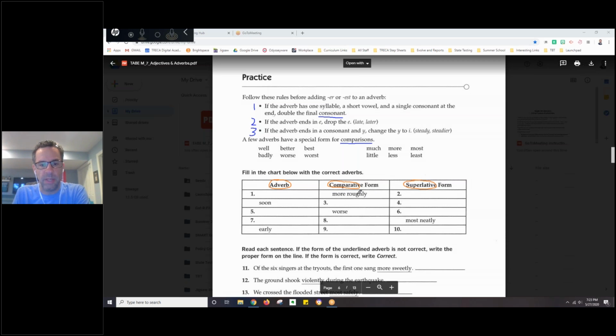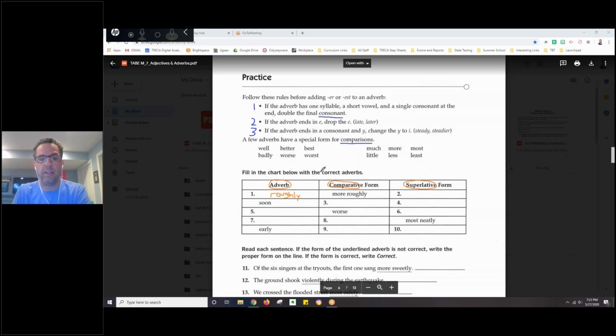So our adverb is roughly, more roughly. What's just the plain adverb for roughly? I'm thinking it's just roughly. You could say, how was the man rubbing his son's shoulders?